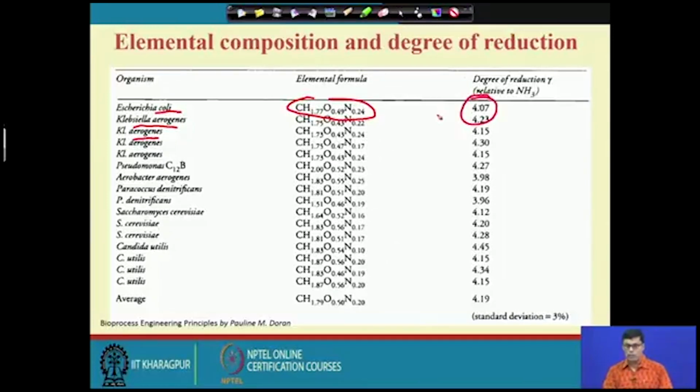I ask all of you to do the exercise and try to find out whether you get these values for the different types. On the basis of that, we select the average composition empirical formula of the biomass as C H 1.79 O 0.5 N 0.2.